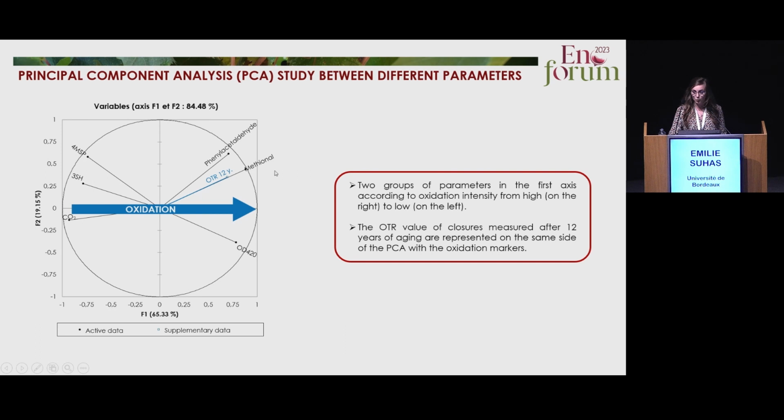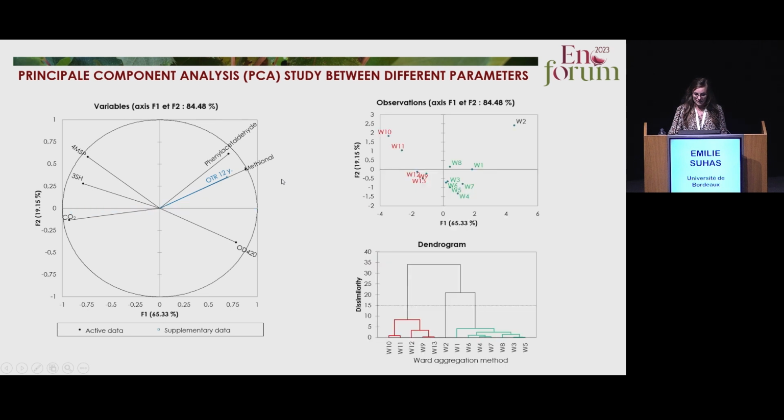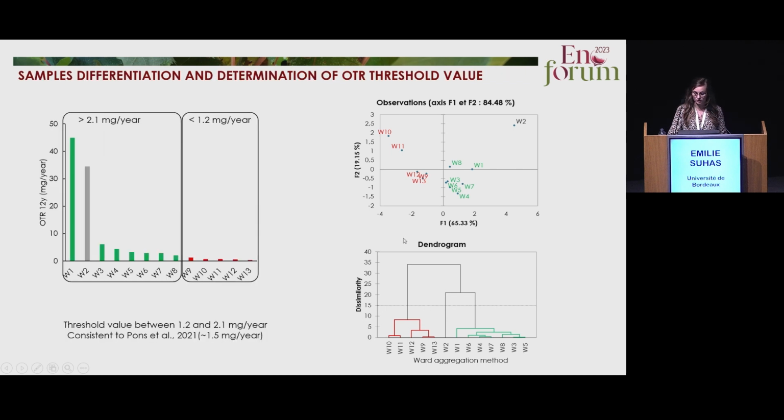You also see that the measurement of the OTR after 12 years of storage, of aging, is represented on the same side as the markers associated with wine oxidation. This plot also allows us to generate 3 different groups of samples of stoppers. You see the different colors. There's a group on the right hand side that seems to be associated with oxidation compounds, and another group is on the left.